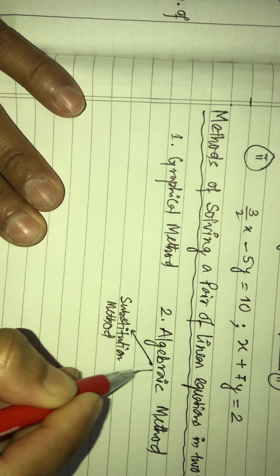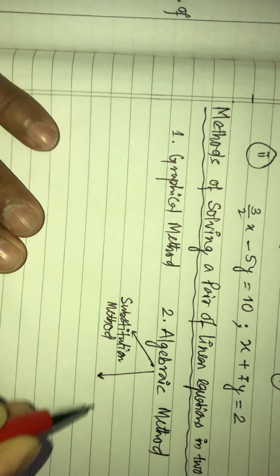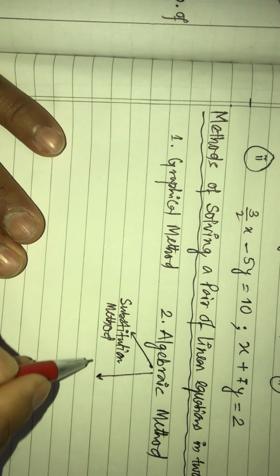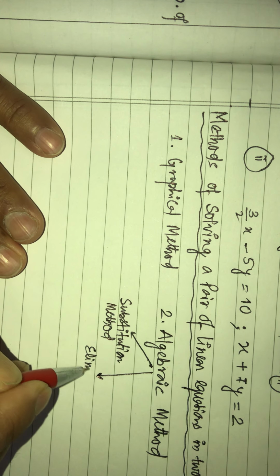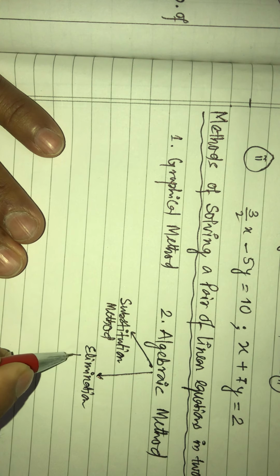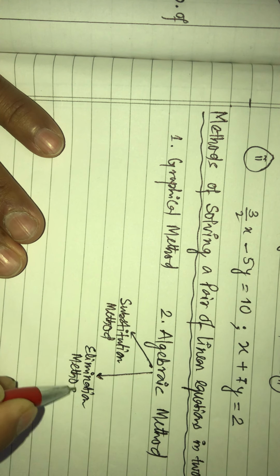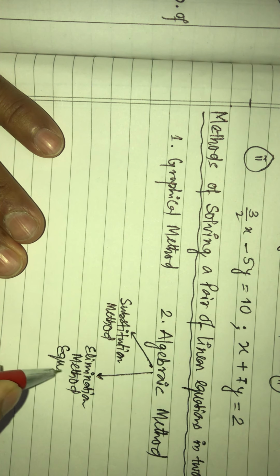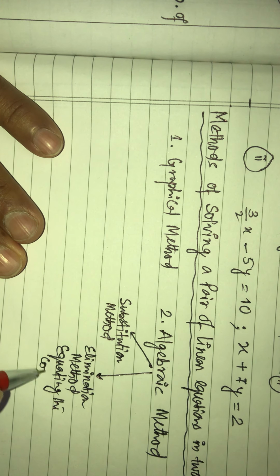Second is called the elimination method. The elimination method is also called equating the coefficients.